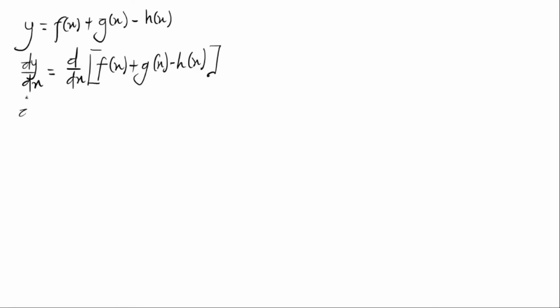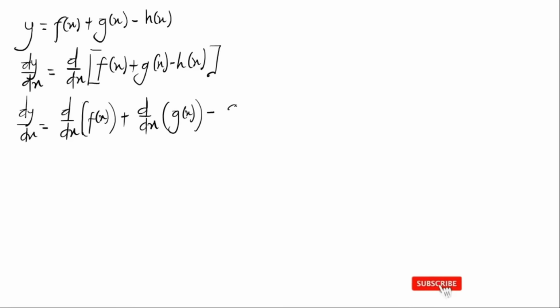By this I mean our dy/dx now becomes d/dx of the function f(x), plus d/dx, the differentiation of this particular function g(x), then minus the differentiation of the third function, h(x). So once we differentiate each of the functions individually, we can add all of them to get our overall differentiation of the function.